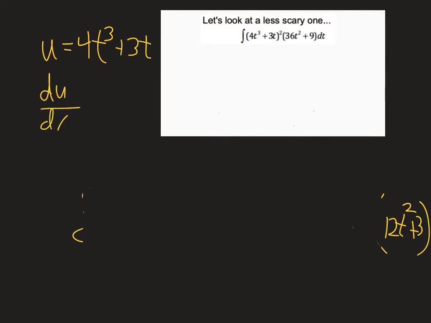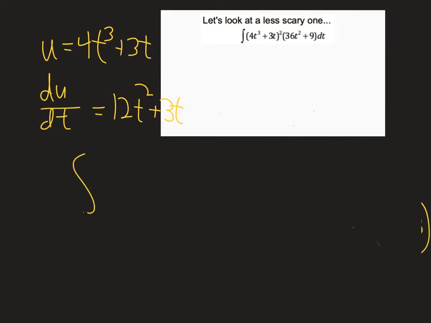Not du dx. That was a close one. It's du dt, which is 12t squared plus 3. Now replace things. So 4t cubed plus 3t, I'm going to replace with u. And then 36t squared plus 9.